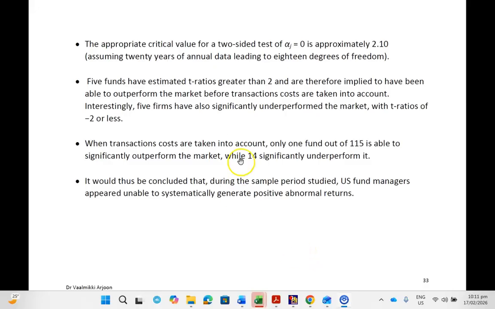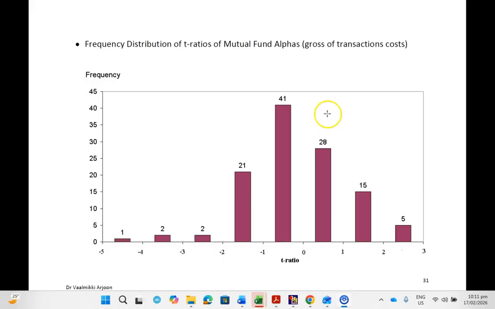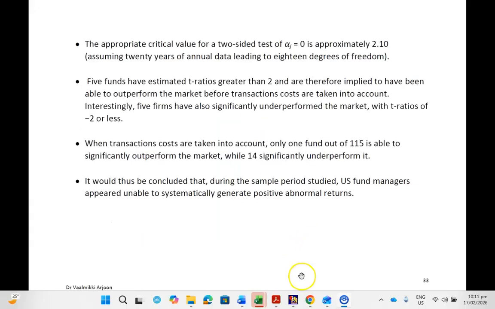When transaction costs are taken into account, only one fund out of 115 would be able to significantly outperform the market. There's an error here. This is not supposed to be gross of transaction costs. This is supposed to be net of transaction costs. So after taking into account transaction costs, only one fund was able to beat the market, or to outperform the market.